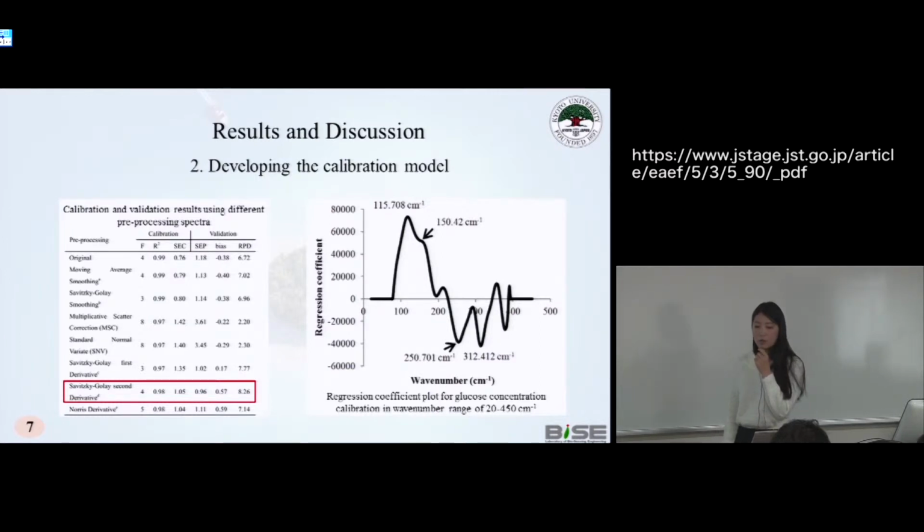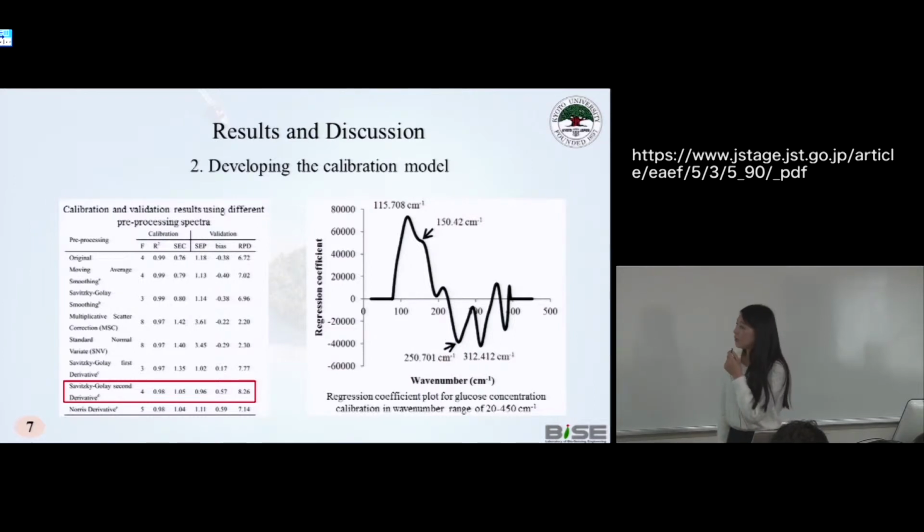As shown in the former picture, the 150 and 250 wave number were associated with water. So the 150 and 312 wave number were associated with glucose.